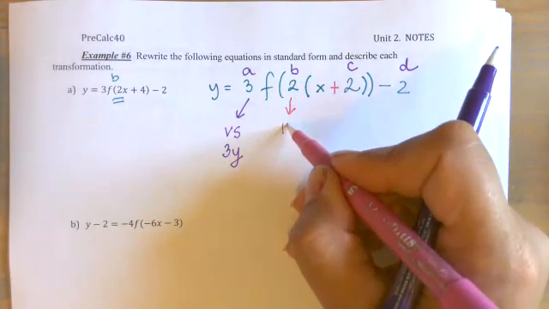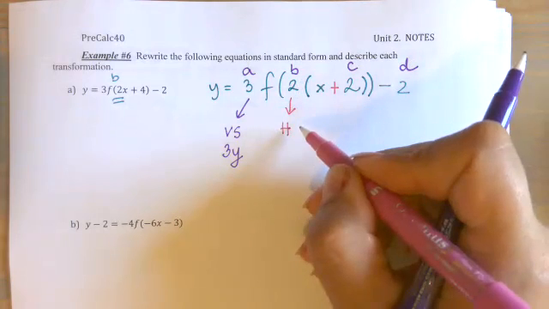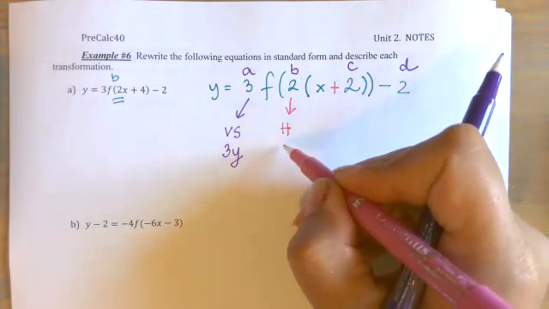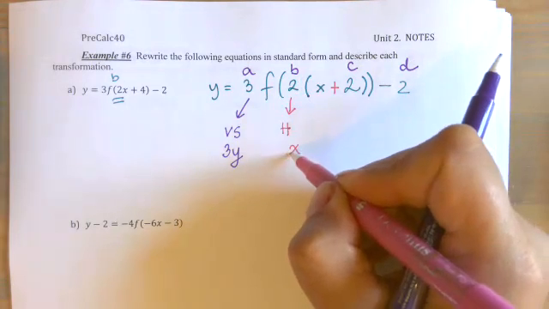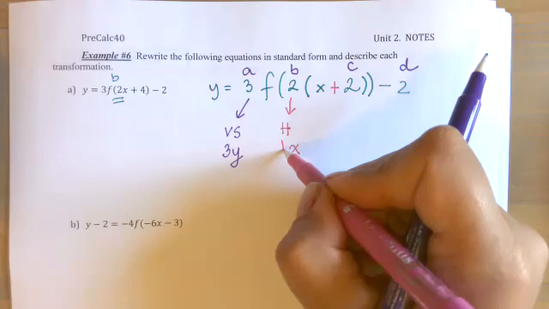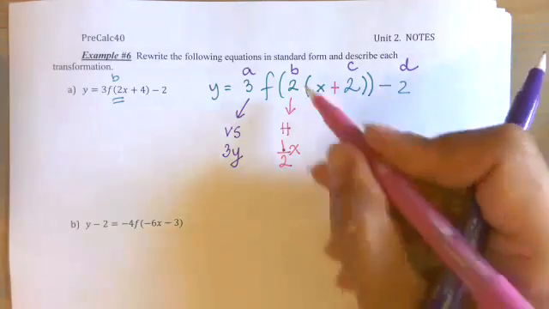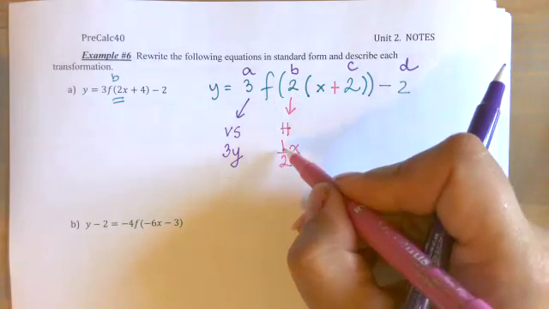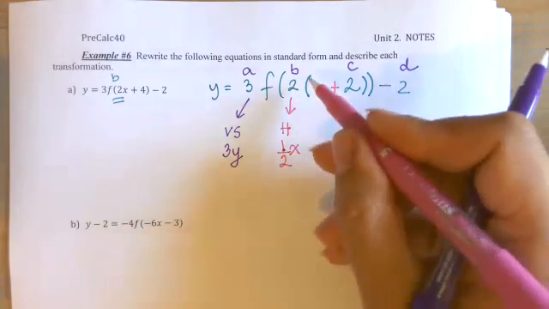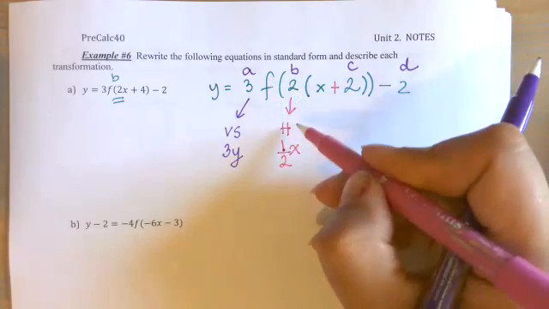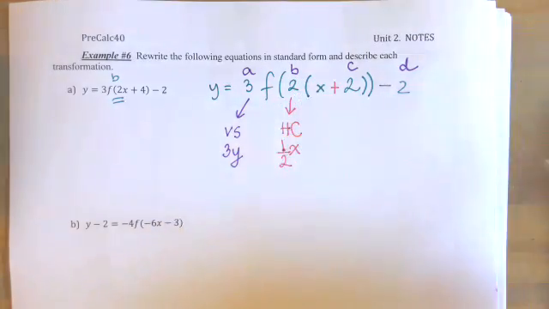You always have to be careful with the horizontal direction because they act wacky. So it's not 2, it's going to be what number here for the multiplier? Not 1. The reciprocal of 2. So 1 over 2, okay? So you always want to reciprocate the number you see here. That's becoming a horizontal compression.